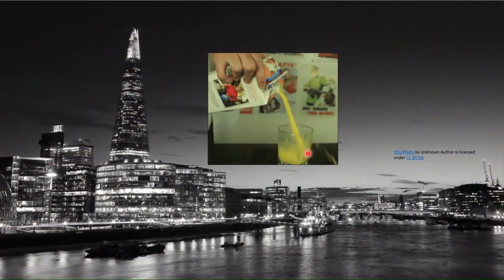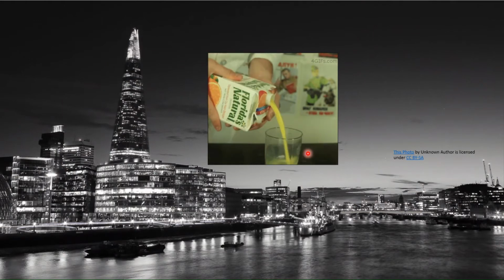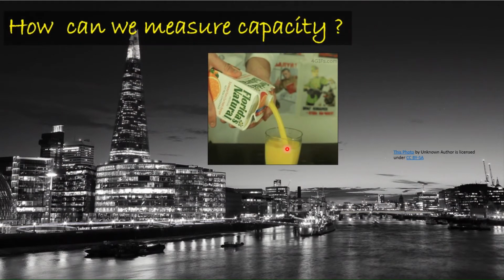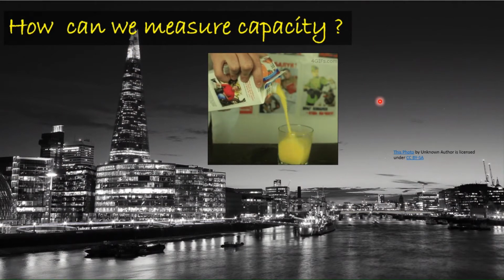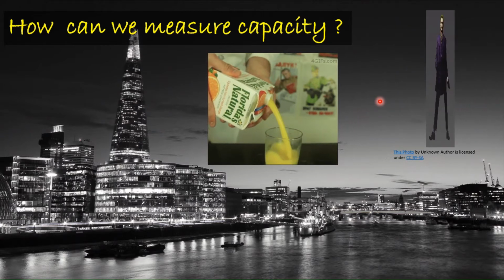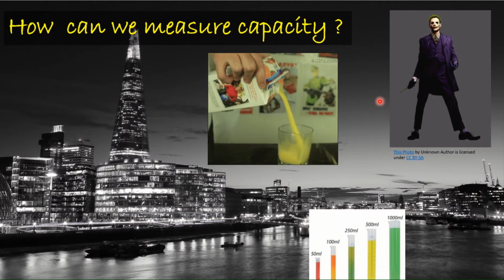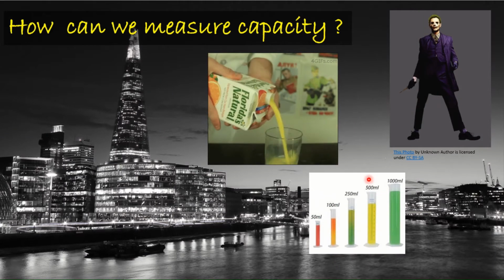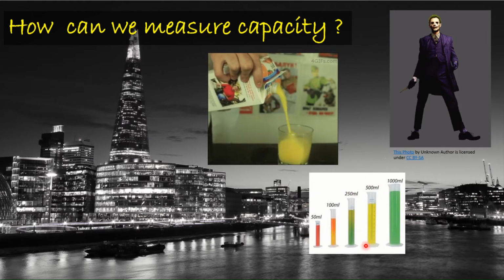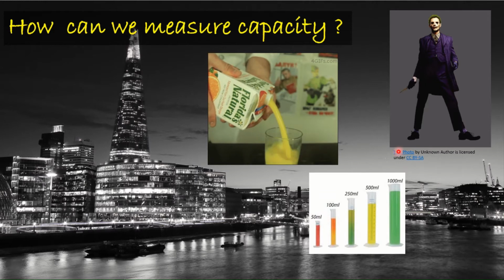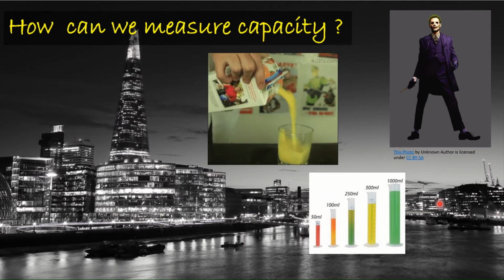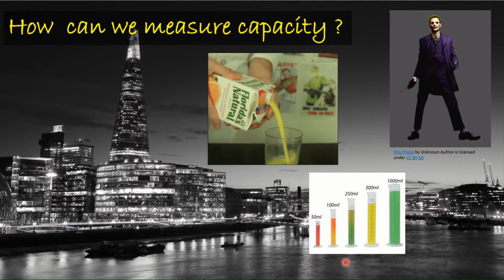Oh, what is this? Liquid. How can we measure the capacity? What are these? Have you ever seen these things? Yes, these are measuring cylinders you must have seen in the kitchen or in the laboratory. People measure the liquids.